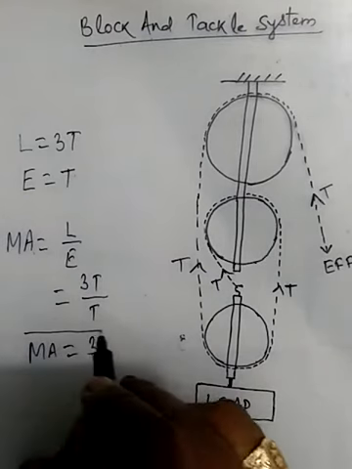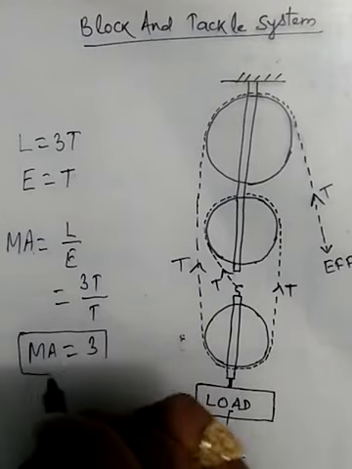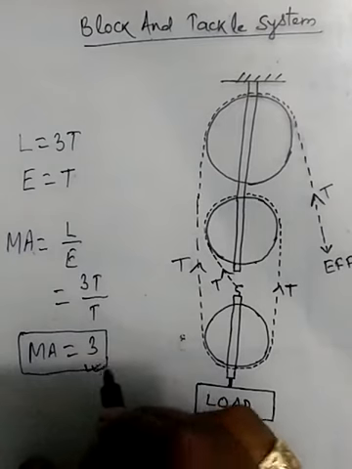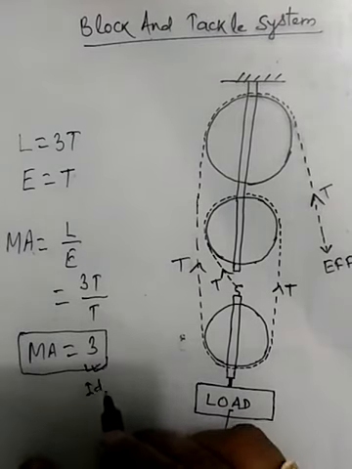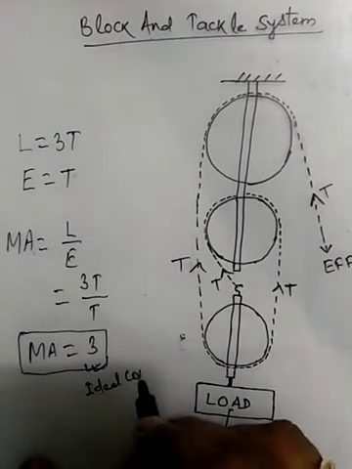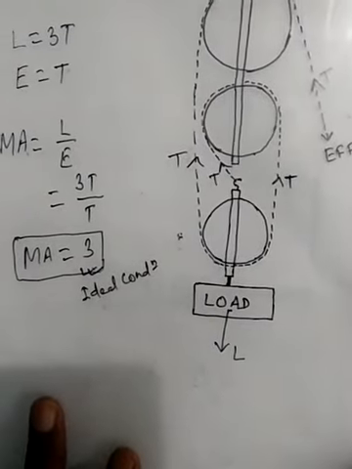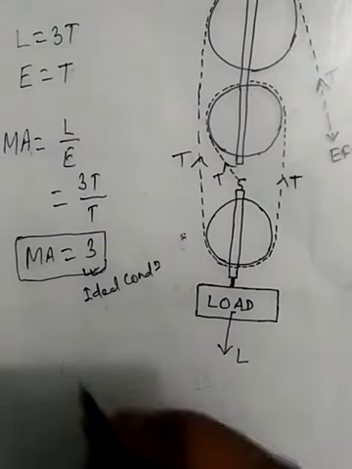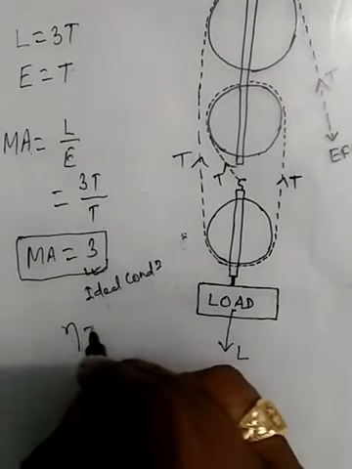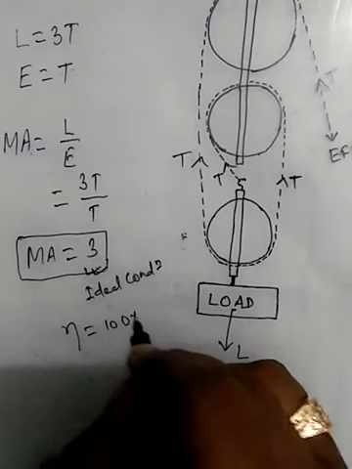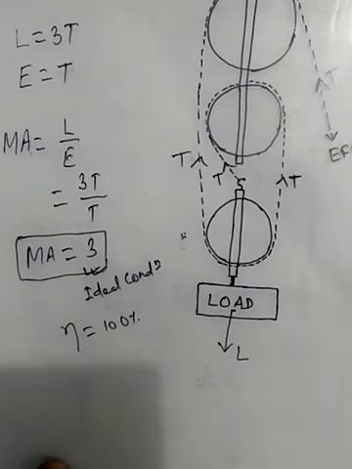Here mechanical advantage is 3 and this is for the ideal condition, that is, the efficiency of the system will be 100% at this condition.